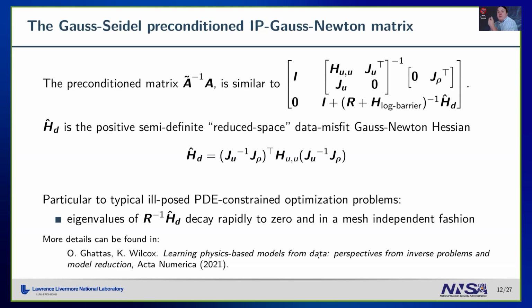What has been studied fairly extensively, proven for some simple problems and demonstrated numerically for others, is that this reduced space data misfit Hessian preconditioned by the regularization operator has eigenvalues that decay rapidly to zero and in a mesh independent fashion.